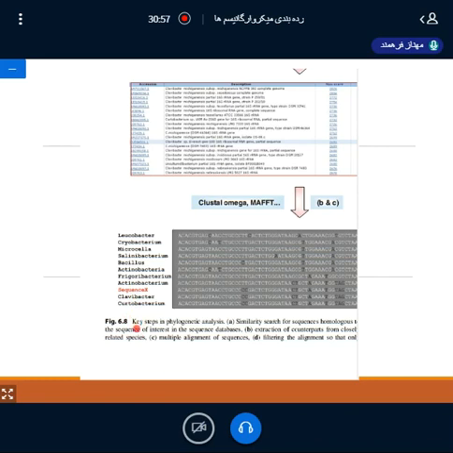Cortobacterium. So figure 6.8, key steps in phylogenetic analysis. You know, what's the meaning of phylogenetic? Phylogenetic means relationship, a near relationship between bacteria. Okay, A, similarity search for homologous sequences of interest.